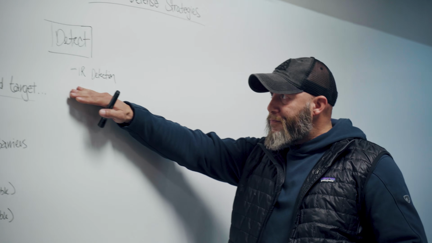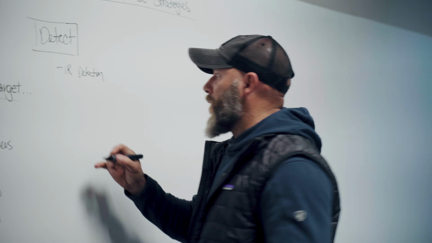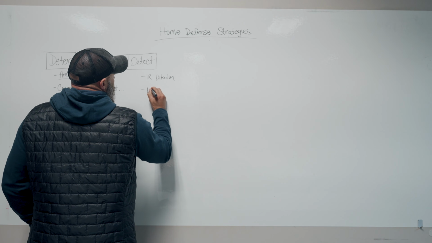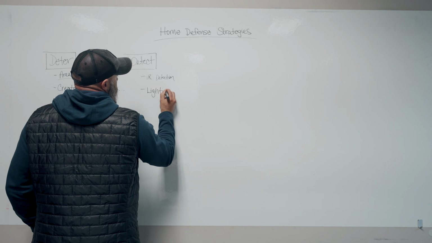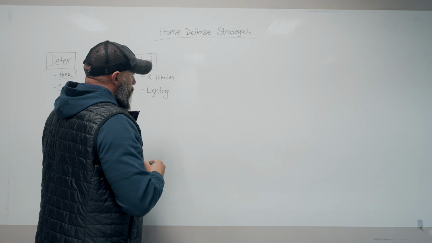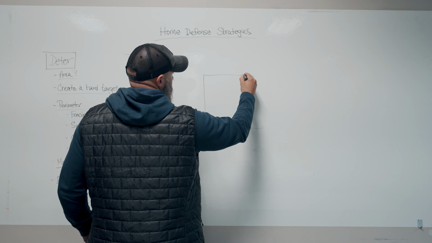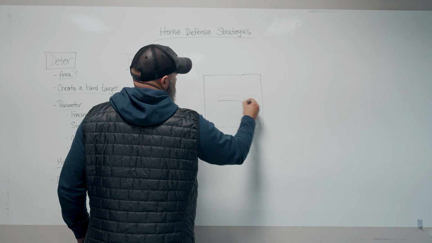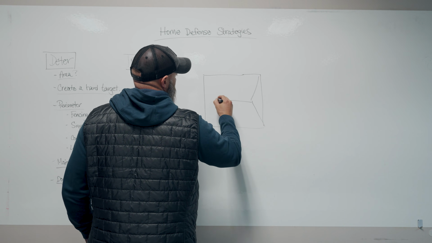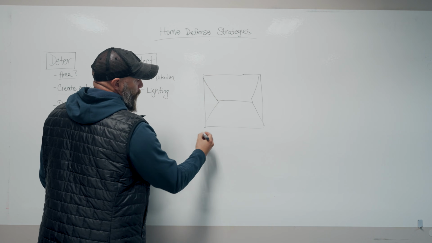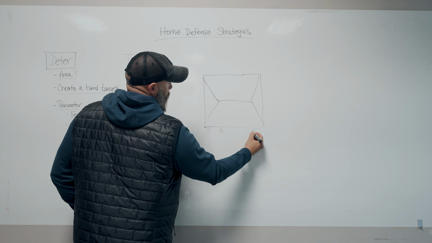Things like that. Lighting, the lighting aspect carries over. When we think about lighting, most people think about just lighting up the house itself. If we had a bird's eye view, I'll erase this after, but let's say this was a bird's eye view of the house, obviously not drawn to scale. Most people think about putting lighting around the house itself.